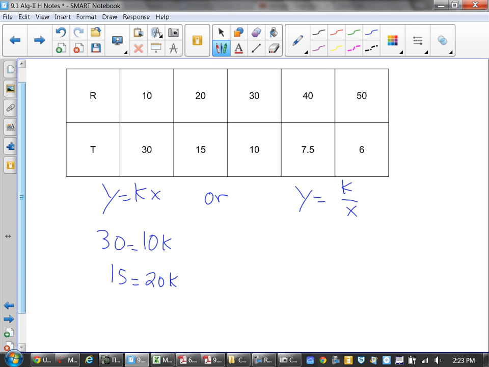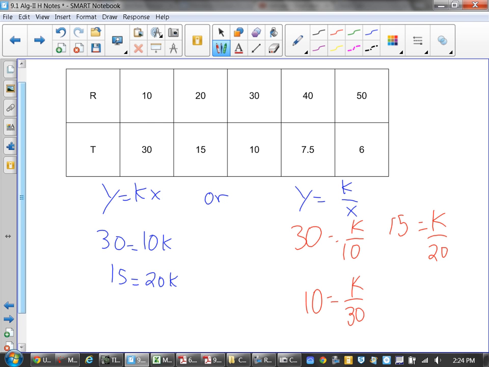All right. If I go the other way to check the inverse, does 30 equal k over 10? Does 15 equal k over 20? Does 10 equal k over 30?